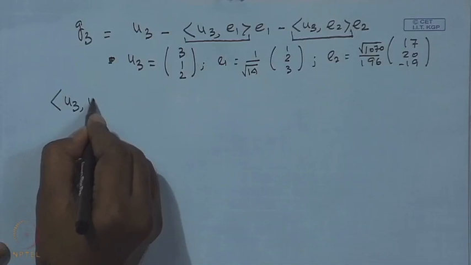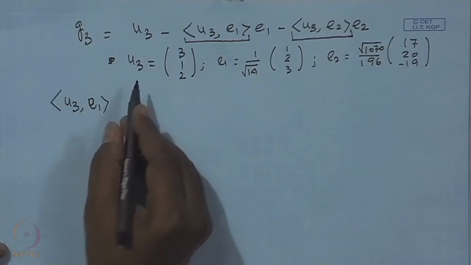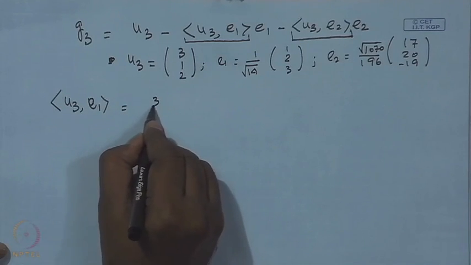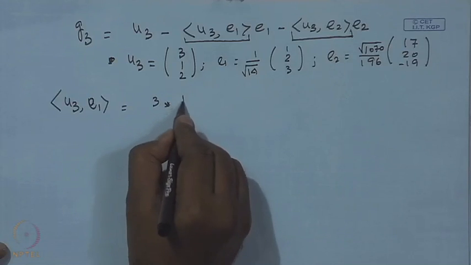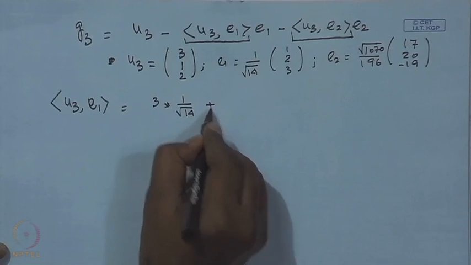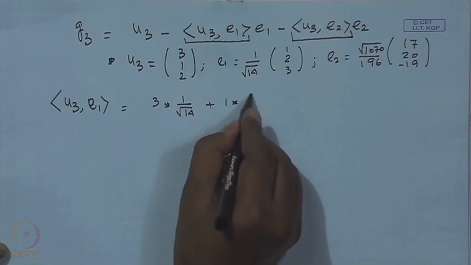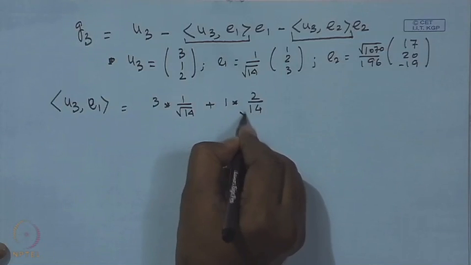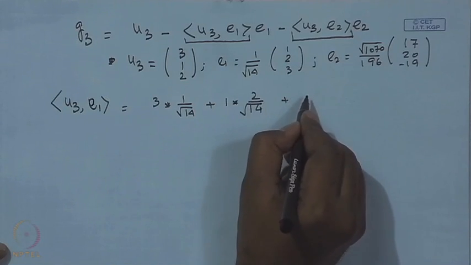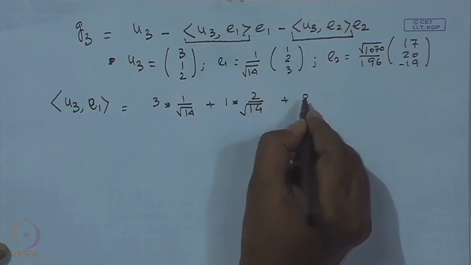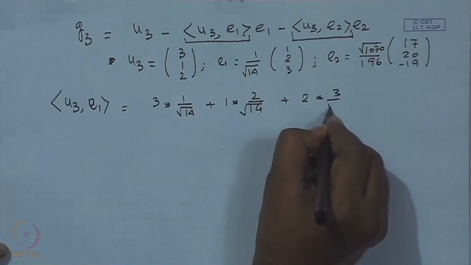So, things become simplified later on. The inner product of U3 and E1 is nothing but 3 multiplied by 1 over root 14 plus 1 multiplied by 2 over root 14 plus 2 multiplied by 3 over root 14.